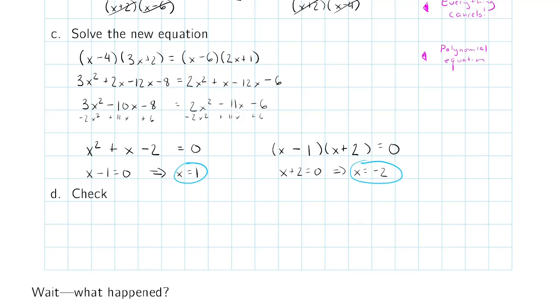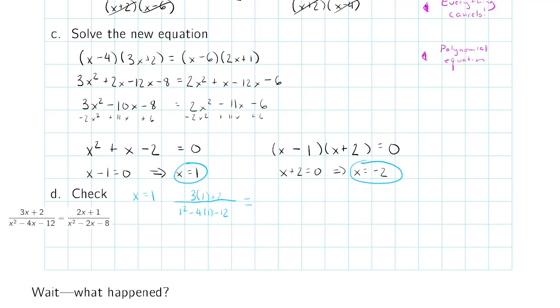Let's check that. Again, just grabbing a copy of that original equation and bringing it down here so I can see it. I'm going to try x equals 1. So that'll be 3 times 1 plus 2 all over 1 squared minus 4 times 1 minus 12.